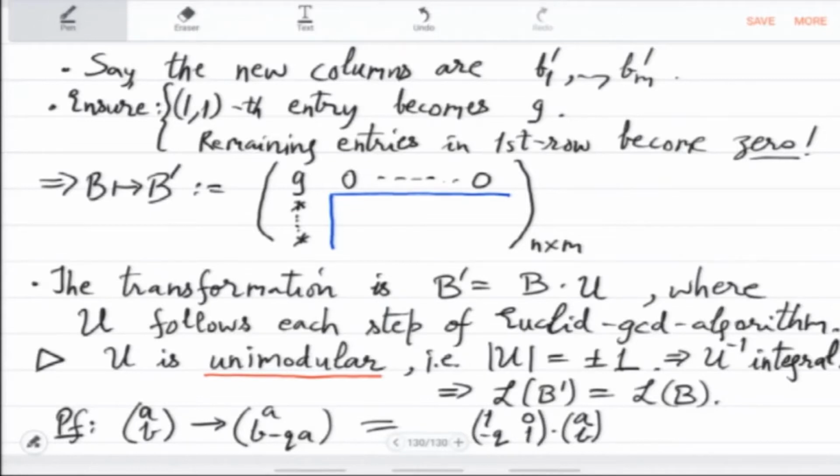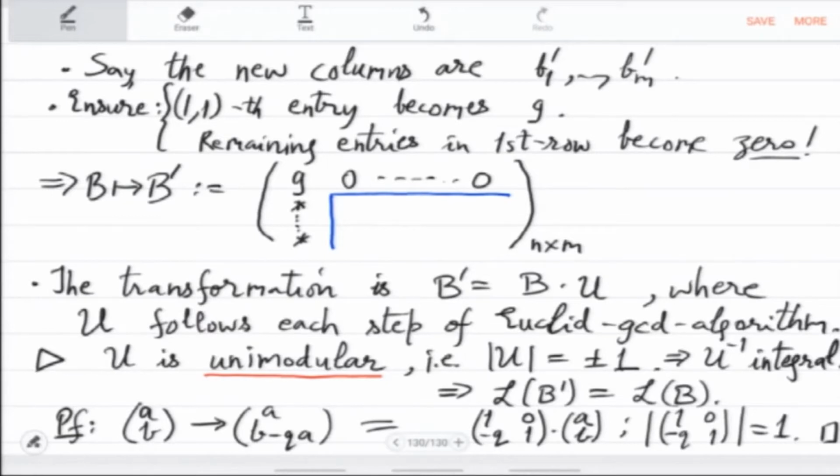If you consider the determinant of this matrix, the determinant is 1. This is the only thing needed to prove that U is unimodular, because in one step of Euclid GCD you are doing division, transforming the vector (a, b) by multiplying with a matrix which has determinant 1.